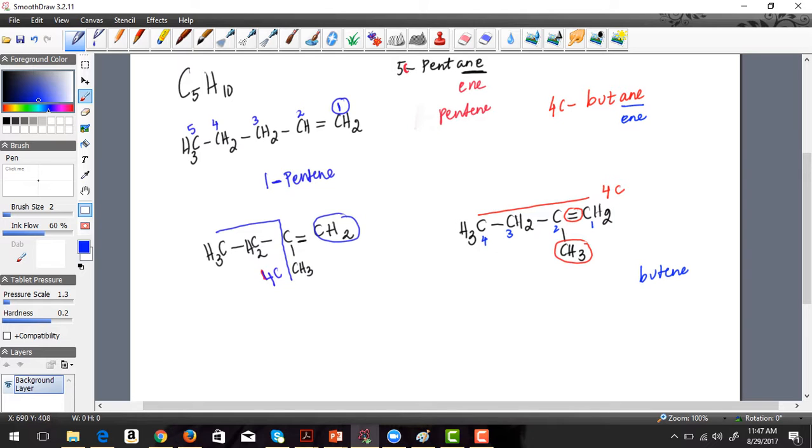So there's 2 numbers that are important here. The double bond itself is between 1 and 2, so we give it 1-butene. But we're not done yet. This is the last name of the compound. We still have to get the first name. And this is a methyl group which is hanging off the 2nd carbon, so it's 2-methyl-1-butene. Does that make sense? That's how you name alkene compounds.